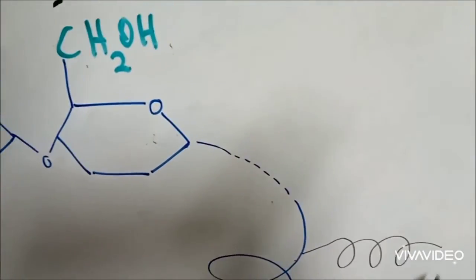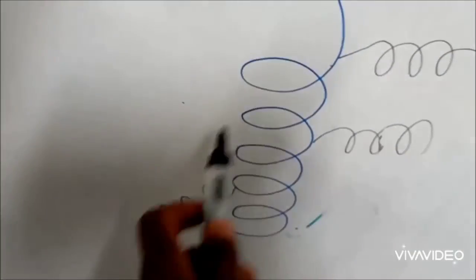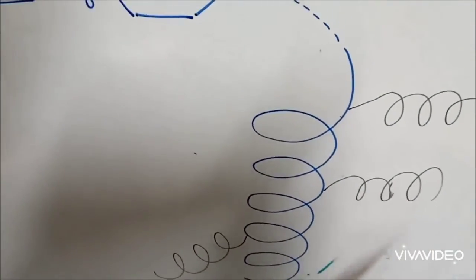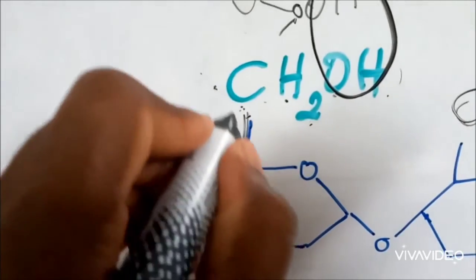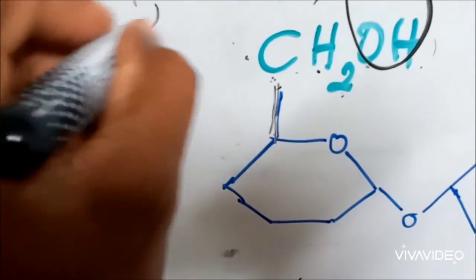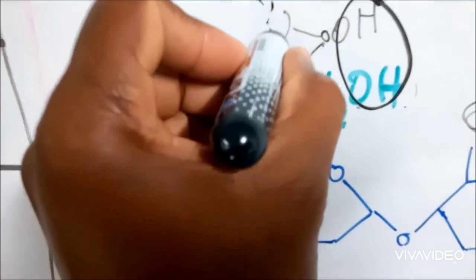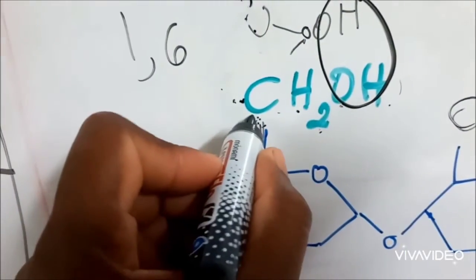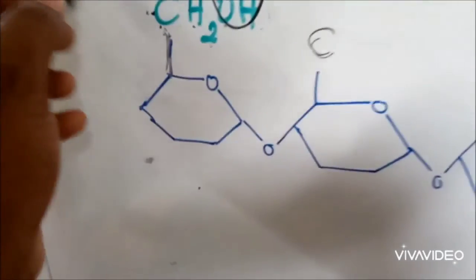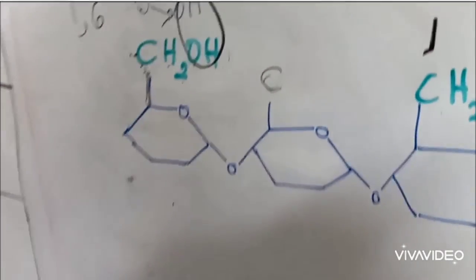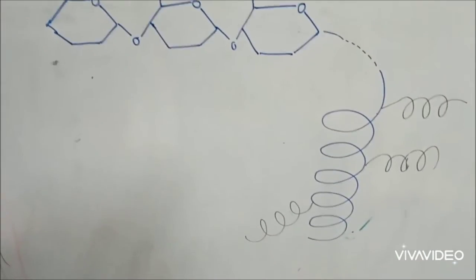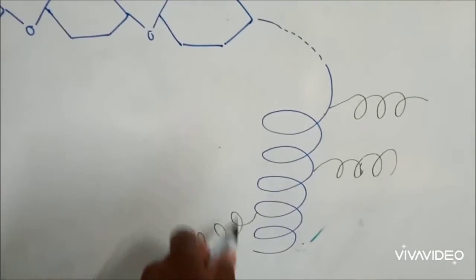We just draw it like this. Now when you have amylose with the branches, this bond here would be a glycosidic bond, but it'd be a 1,6 because it is carbon 6 here, carbon 1 for the chain, but carbon 6 here. So it'd be a 1,6 glycosidic bond. So that is the general structure of glycogen.